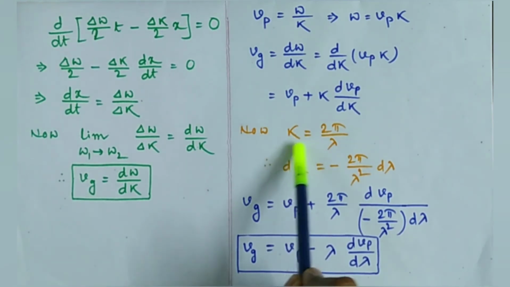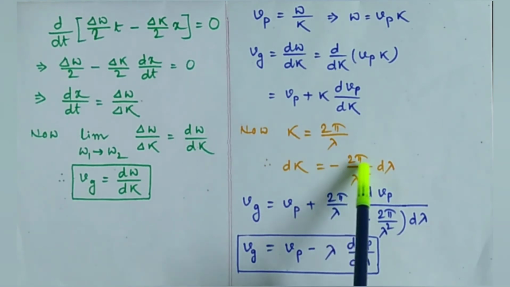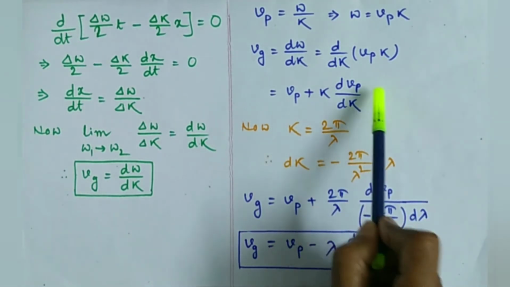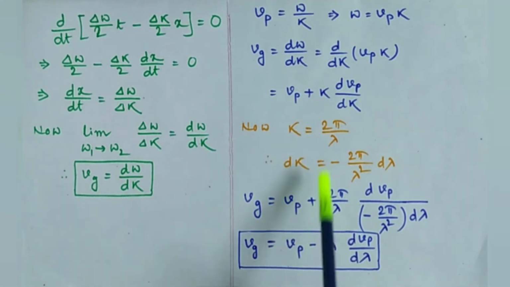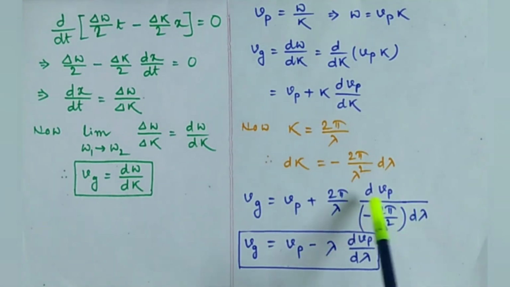Now k equal to 2 pi by lambda, or dk equal to minus 2 pi by lambda square into d lambda. We put this value in this expression and we have Vg equal to Vp plus (2 pi by lambda) dVp by (minus 2 pi by lambda square into d lambda), and finally we will get Vg equal to Vp minus lambda into dVp by d lambda.